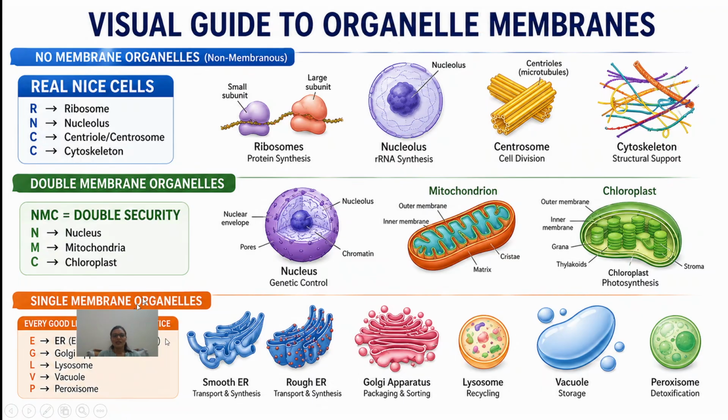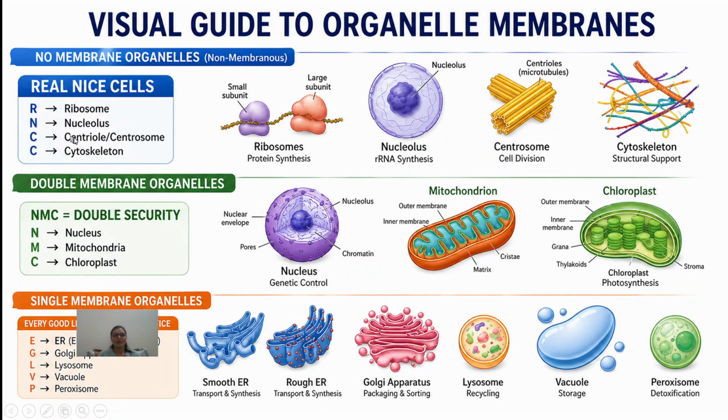In the case of single membrane organelles, you have to remember the endoplasmic reticulum, both kinds, smooth as well as rough, and with them the Golgi apparatus, lysosome, vacuoles, and peroxisome. So this is the trick to remember the no membrane organelles: real nice cell.